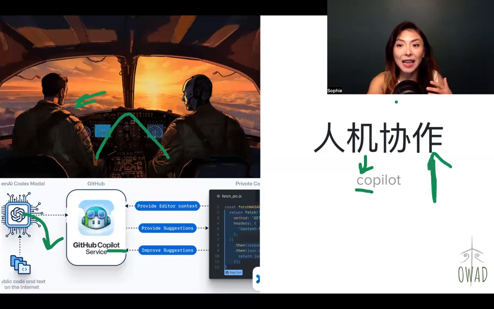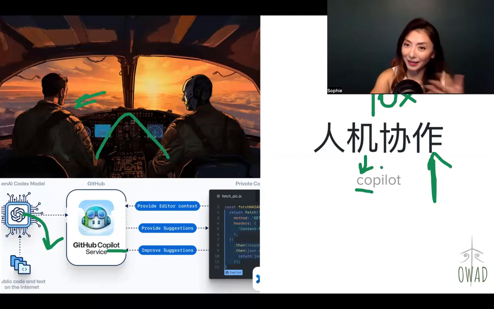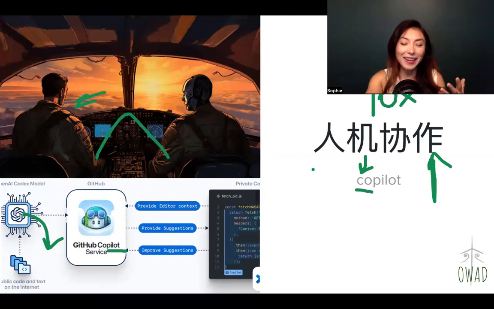And that's the beauty of collaboration. In today's world, the terminology would be human augmentation, right? It's augmented, so your capacity is 10 times. This is literally 10 times, right? Power you. So that's the concept of 人机协作. And Chinese ancient language already gave its interpretation thousands of years ago of what collaboration means. And now we're collaborating with computers.